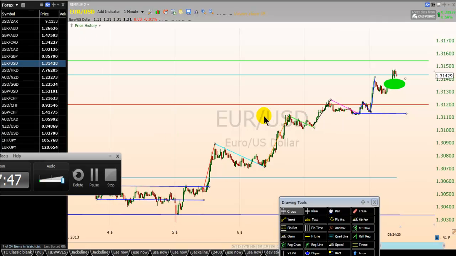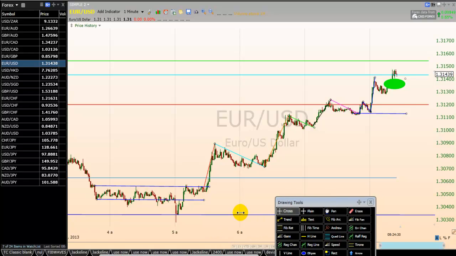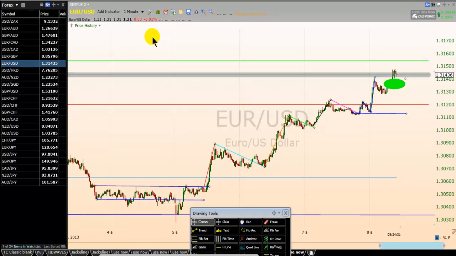This is the euro, by the way. Because very often when economy news is about to be released, sometimes the market will be moving up and down. So we want to watch it.